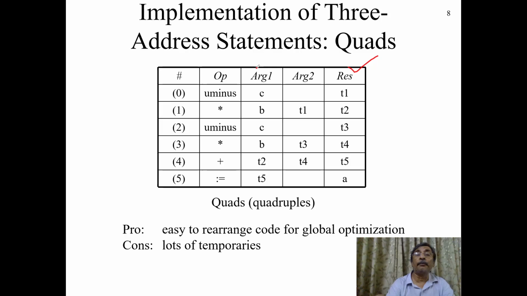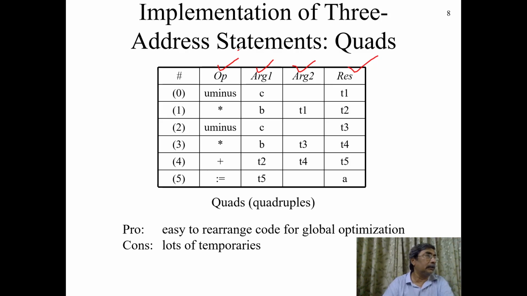The other two components are arg1 and arg2, the operands, and the fourth component is the operator. If we assume that, then the entire program may be considered to be an array of quadruples instead of an array of strings written in a file. This sometimes is handy in order to rearrange the code for global optimizations.